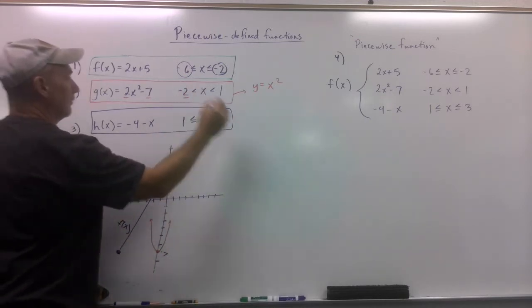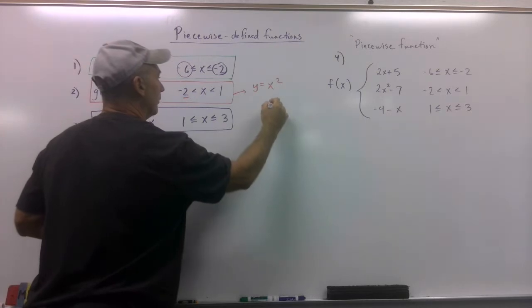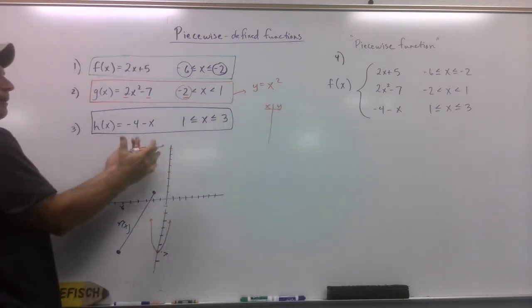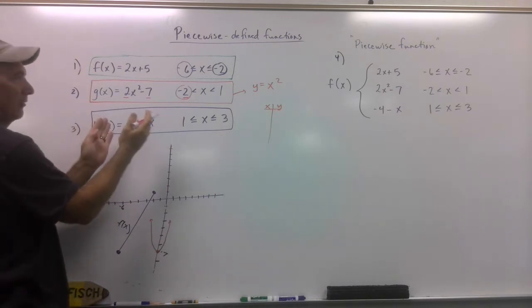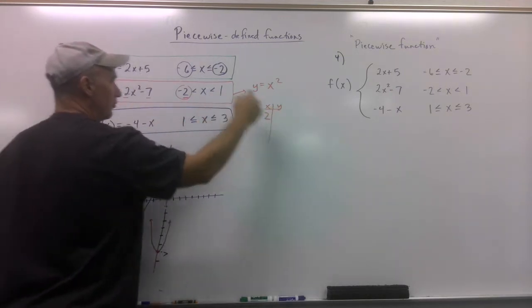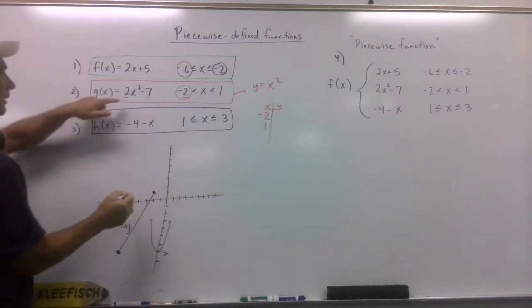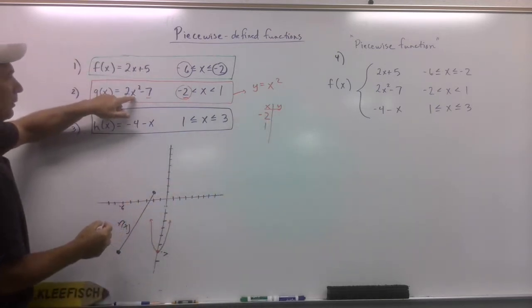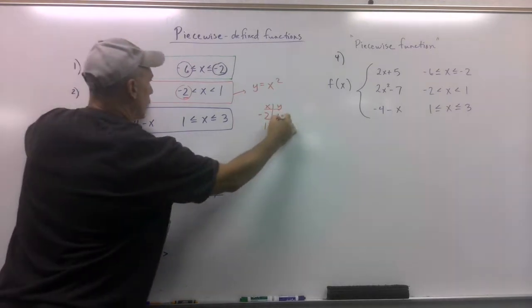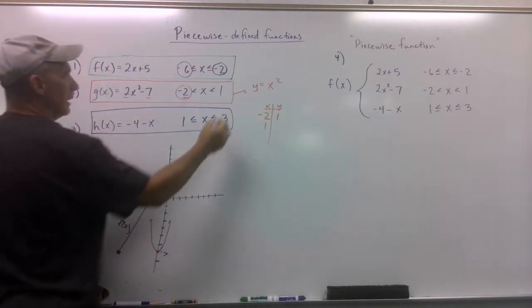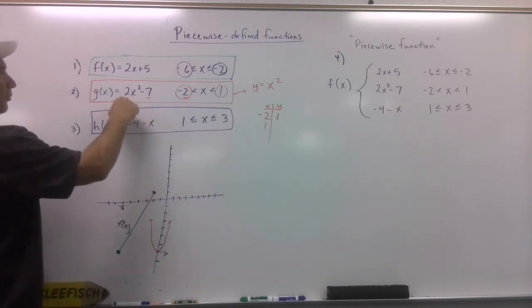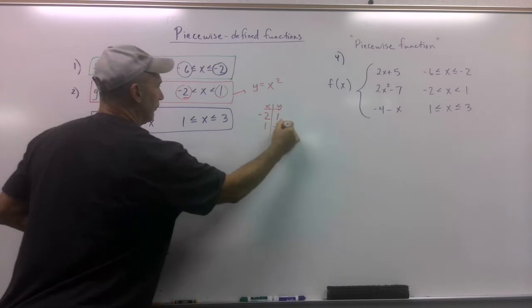Once again, I'm going to take advantage of these points, the outer limit, that's all they want. The window, they want the x window to start at -2, so I'm going to plug that one in. And the farthest right is 1. I'm going to plug these in. So -2 squared is 4, times 2 is 8, 8 minus 7 is 1. Now I'm going to plug in the 1. 1 squared is 1, times 2 is 2, 2 minus 7 is -5.